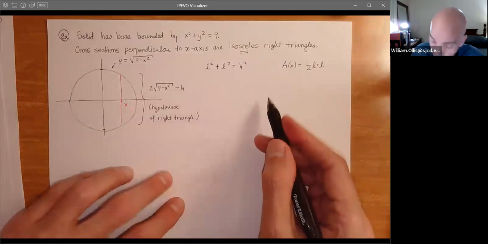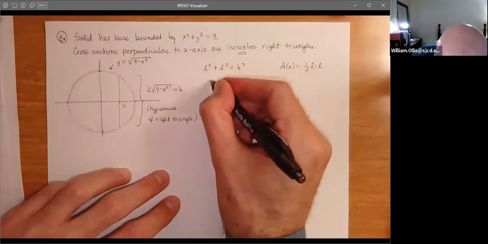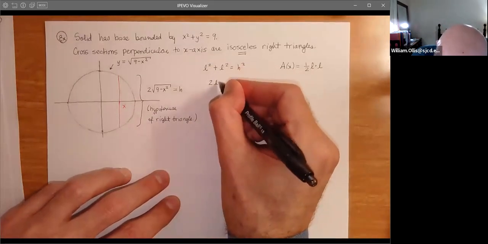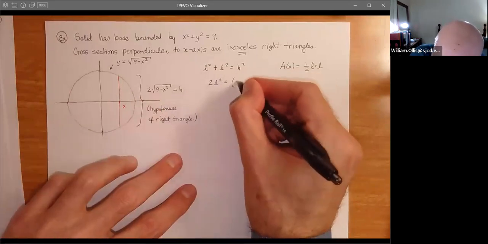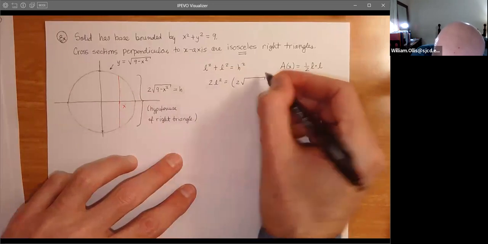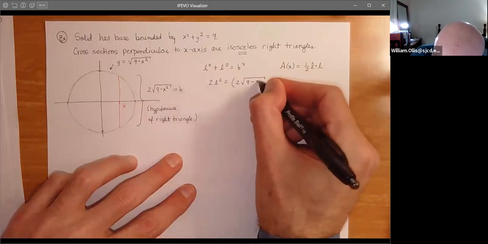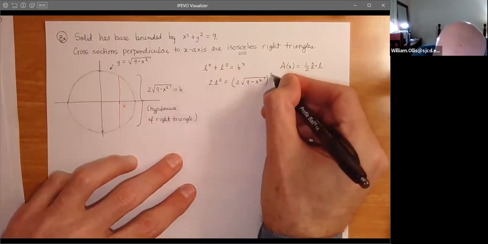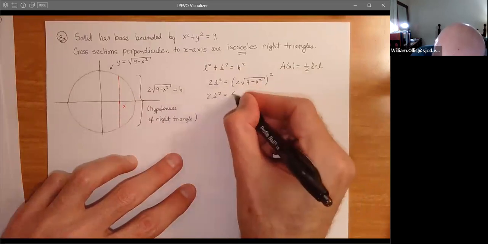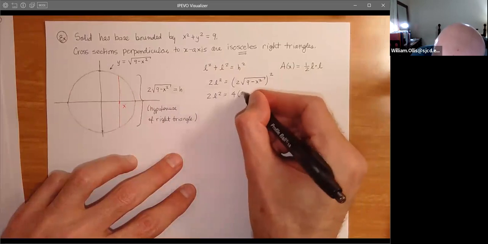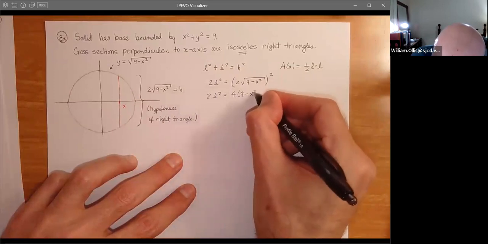So what could be simpler? Now this gives us 2L squared equals H squared. So we have 2 square root 9 minus X squared, squared. So 2L squared equals 4 times 9 minus X squared.